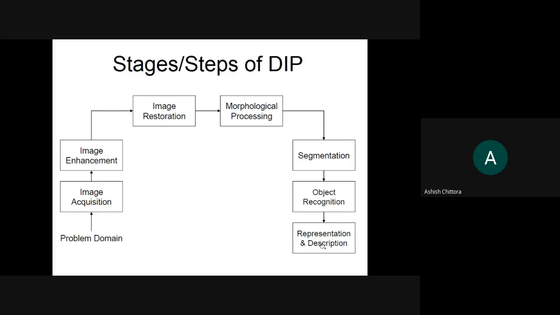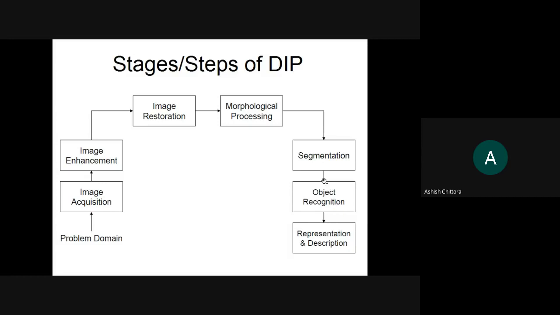Representation and description is the technique where, suppose in segmentation we have segmented out the face area in a face recognition system. Then the face will have certain features. That face area we have to represent in the form of some features of the image. Those features we will feed to the recognition system or machine learning system.